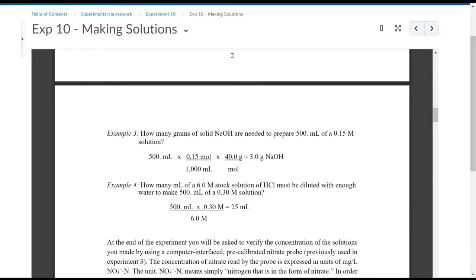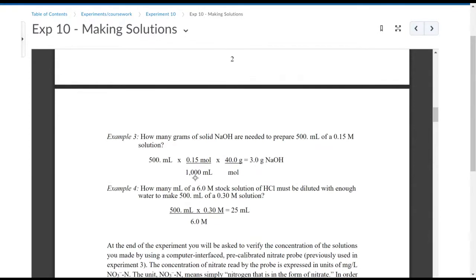Okay, I'm going back to the other page now for how many grams of solid sodium hydroxide are needed to prepare 500 milliliter of 0.15 molar solution. So if it's 0.15 capital M, that means it's 0.15 mole for every 1000 milliliter. And you can find out how much you need for 500 milliliter.